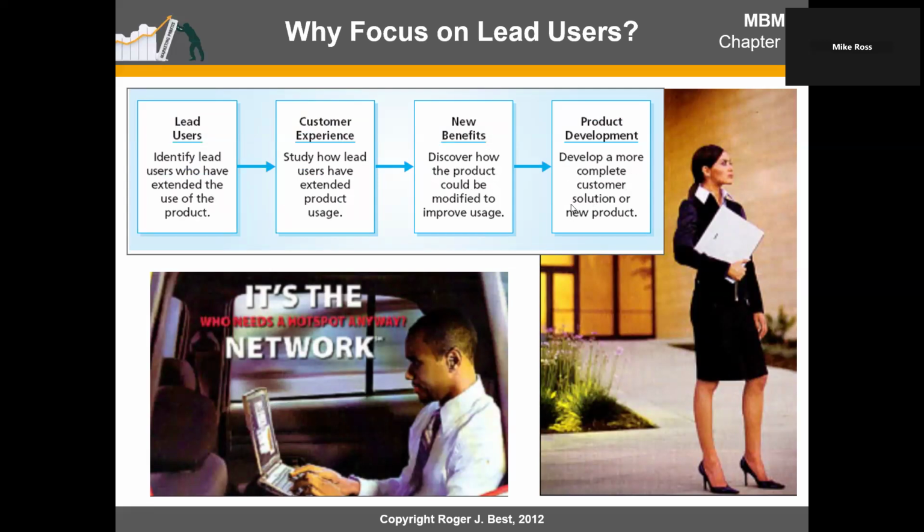So basically, what Best is arguing here is that we often look at what's called lead users. They could be opinion leaders. I think about, for example, when a new Apple iPhone is released. Some people absolutely want to be one of the first to get the new thing, and some people say, I'm going to wait till everybody else gets one and then I'll try.